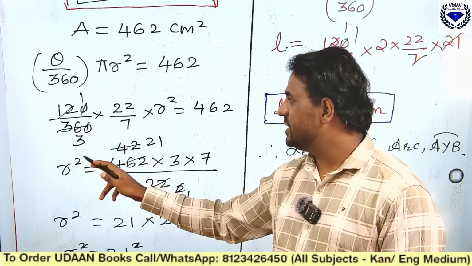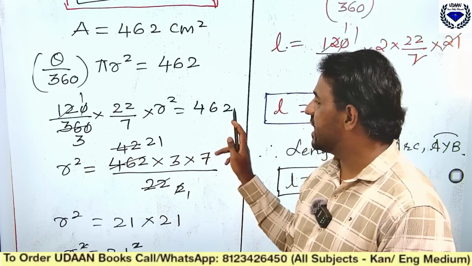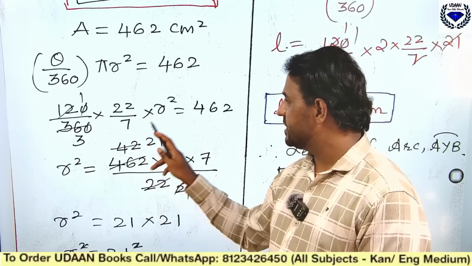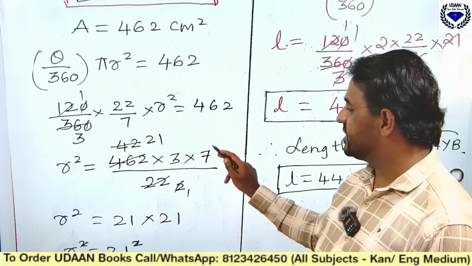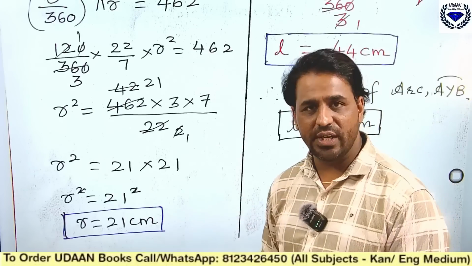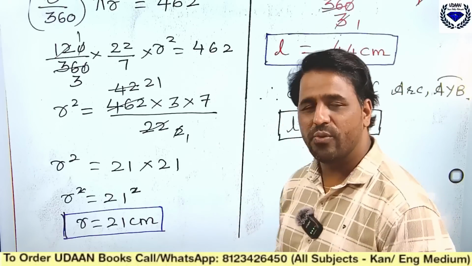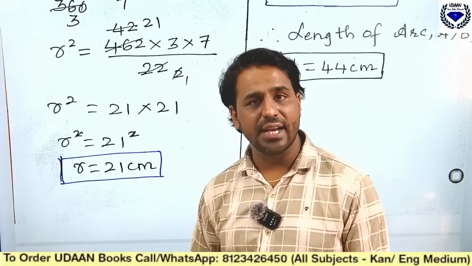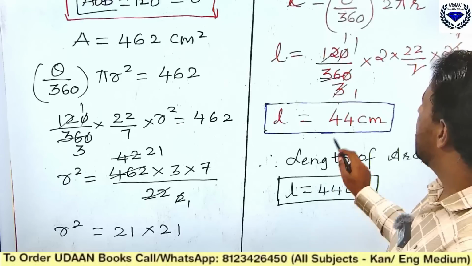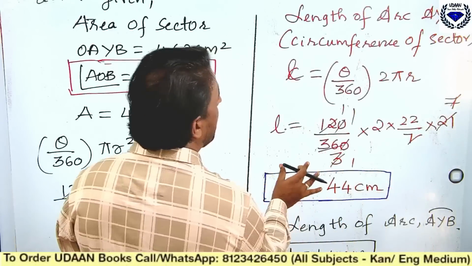So ones are threes are, you will get 22 by 7 is r square. So r square keep as it is, 7 and 3 will move upside, 22 will come down. If you just cancel out, r square will get you as 21 square. So r is equal to 21, square and square will get cancelled. Now you should find what? Length of the arc AYB.